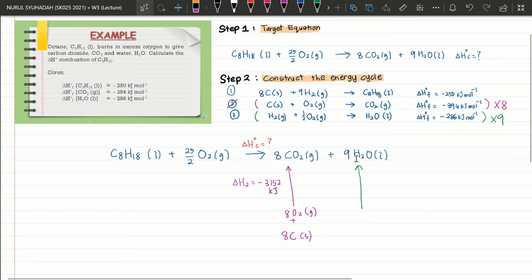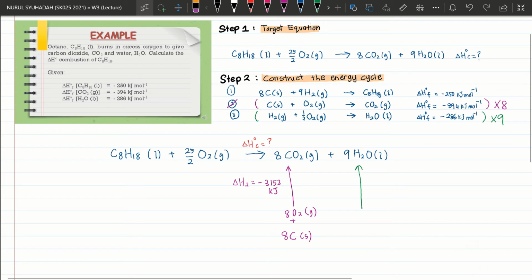Okay, after drawing the arrow, since the arrow is towards H2O, our reactant is H2 plus O2. Now to write down hydrogen, you need to make sure that hydrogen is on the same line as carbon over here.